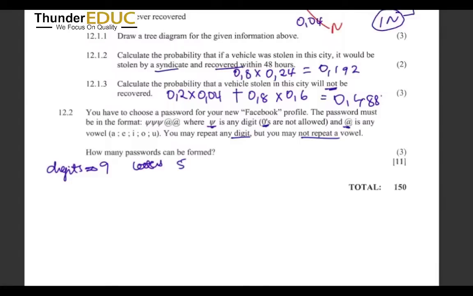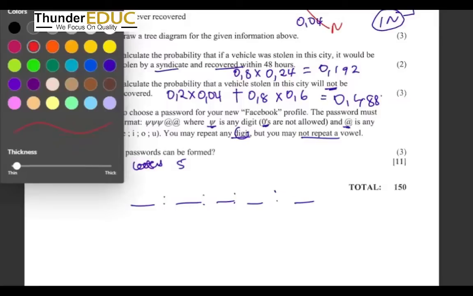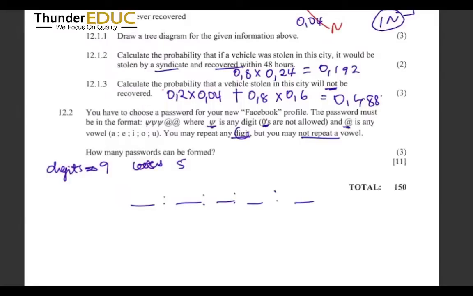Let's look at the condition. You may repeat the digit, but you may not repeat the vowel. How many passwords can be created? I'll do this basic format. We know that for the first number we have 9 options to choose from. We also have 9 to choose from. We also have 9 since we have 3 digits.